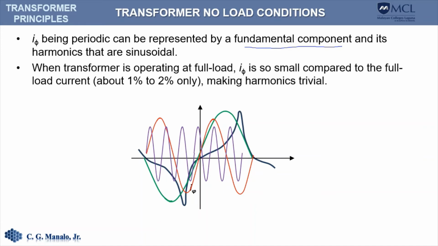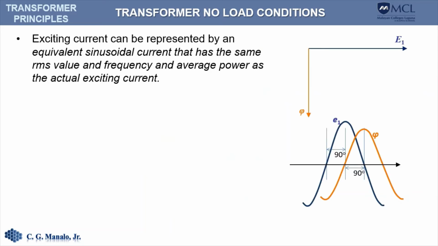Now, if a transformer is operating at full load, this exciting current is actually small compared to the full load current, and therefore we can ignore these harmonics. Exciting current, although non-sinusoidal, can be represented by an equivalent sinusoidal current, provided it has the same RMS value, frequency, and average power as the actual exciting current.